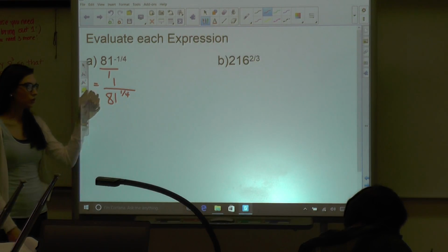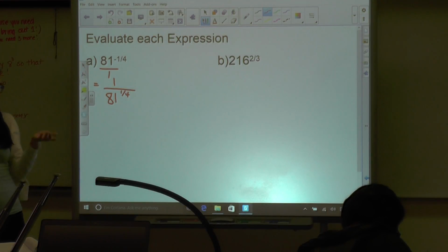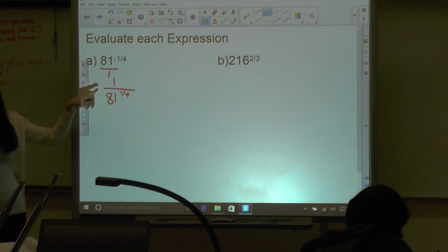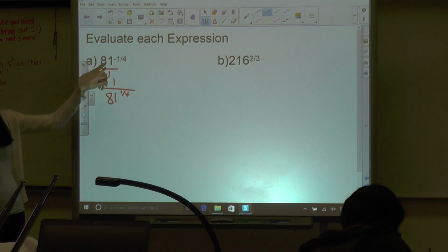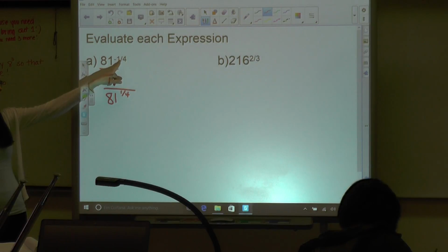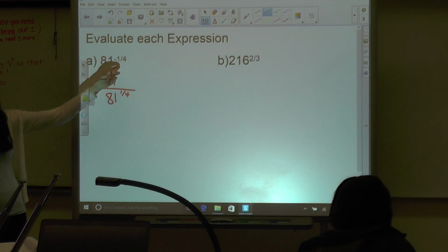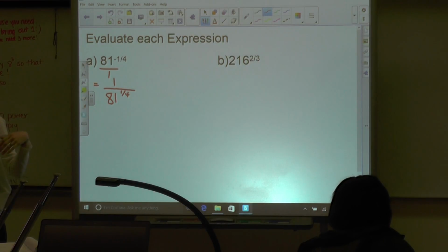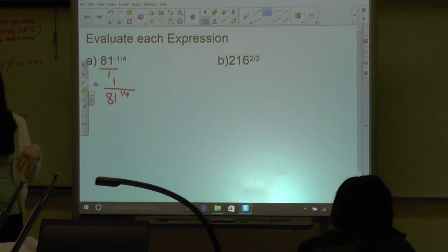So you're left with 1, because 1 times anything gives you itself. What if it was negative 2? If it was 81 to the power negative 2 over 4, well that would simplify to negative 1/2, so it wouldn't be that. But if it was like negative 2/3, you'd bring it down and it'd be positive 2/3.